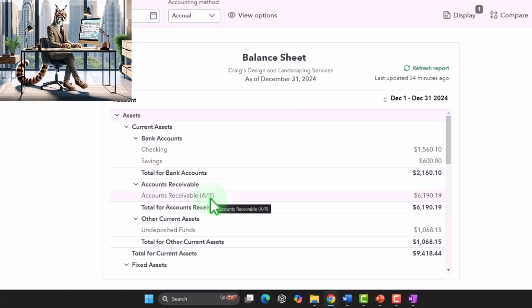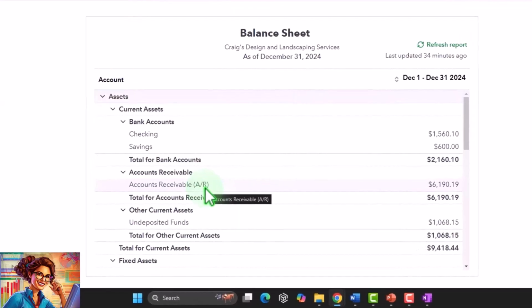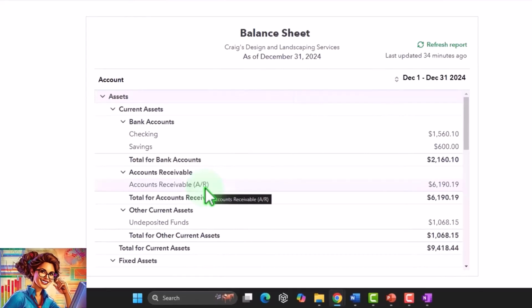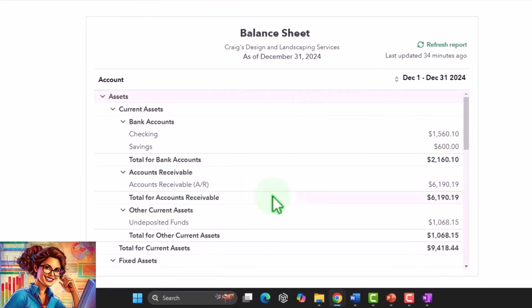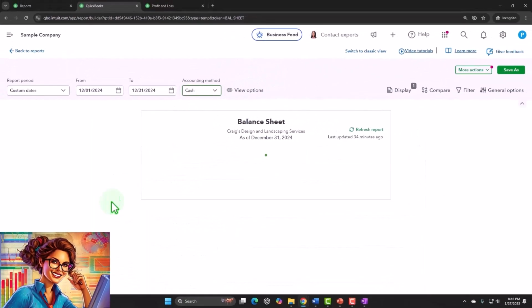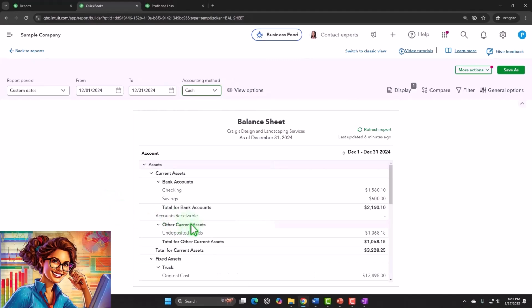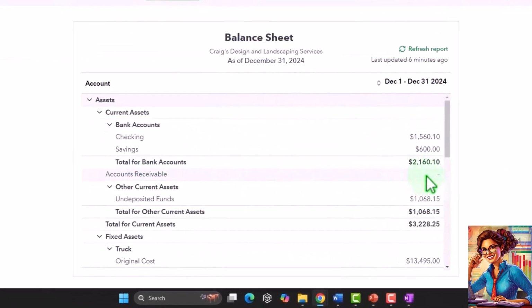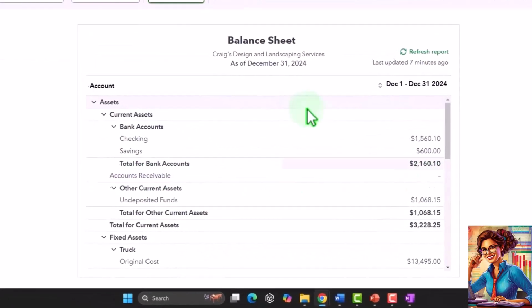It's going to reverse those. It's not going to record revenue at the point in time you enter the invoice, but it's going to record revenue at the point in time you received the payment. So this accounts receivable should go away in essence if I toggle this to a cash-based system, right? So now accounts receivable is gone. So that's when you might use this.